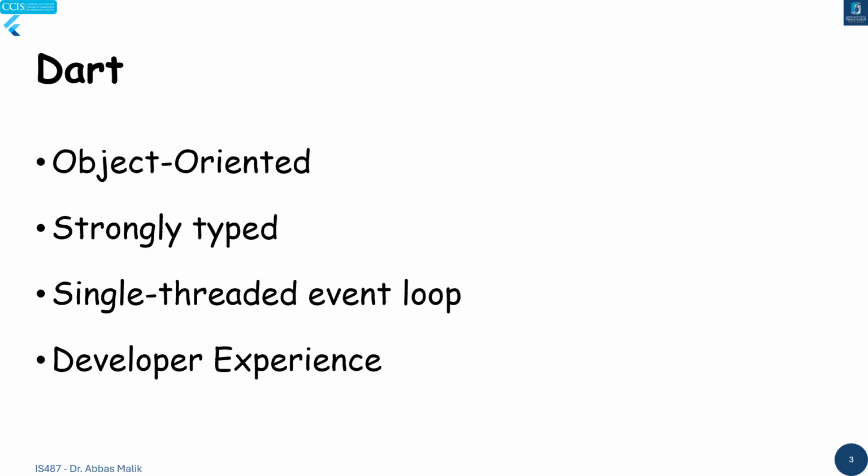It has a single-threaded event loop, that is, if you are familiar with JavaScript frameworks like Node, it's a single-threaded event loop handler, where a single thread is handling all the events. And then, of course, developer experience: it is designed in such a way that it makes development easier and creates a good developer experience.